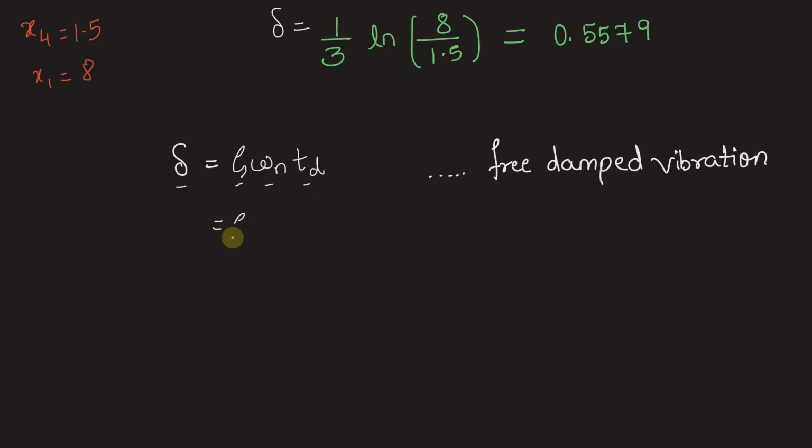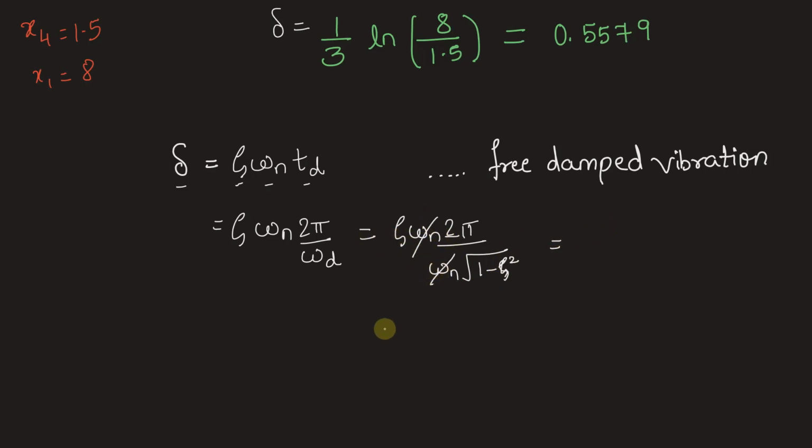So if we substitute Td as 2 pi by omega d, and then omega d as omega n under root 1 minus zeta square, omega n cancels, and we get delta equal to 2 pi zeta by under root 1 minus zeta square. So the only unknown in this is zeta now, because we have already calculated the logarithmic decrement.